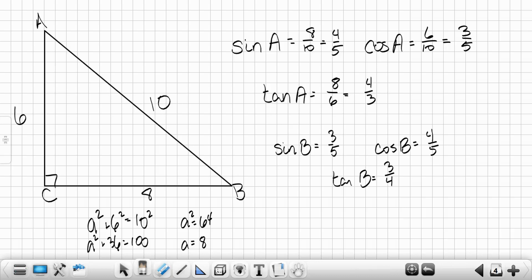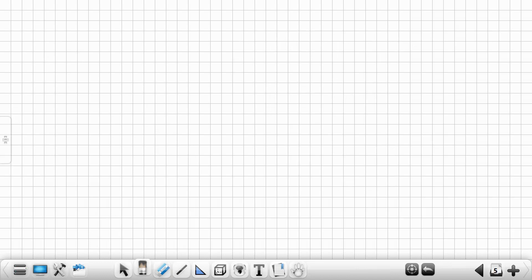So quick, easy question. If cosine of theta is 3/5, what is secant of theta? I don't know why I put an equals sign after cosine. That equals shouldn't be there.